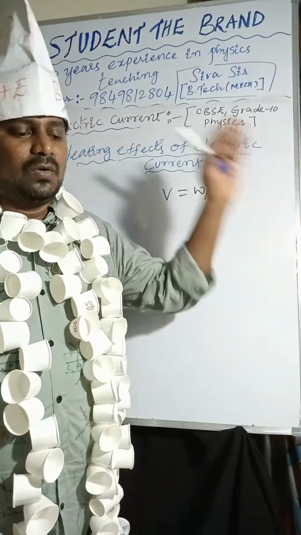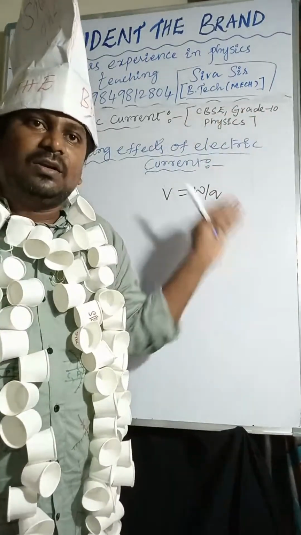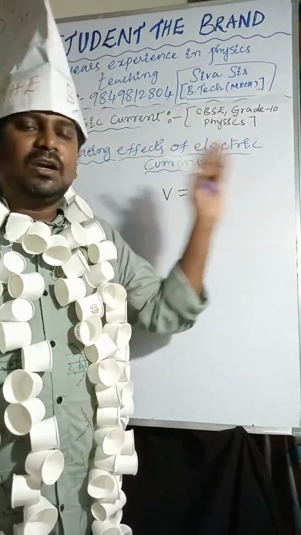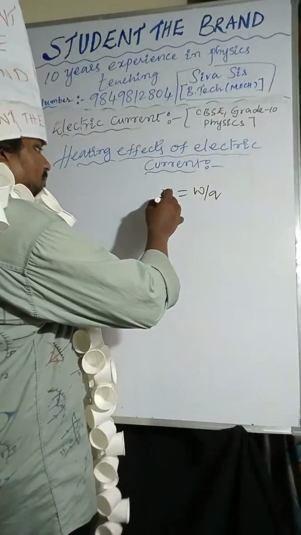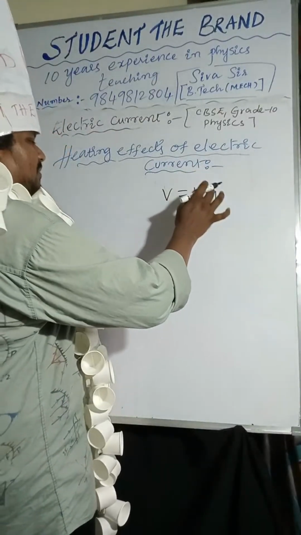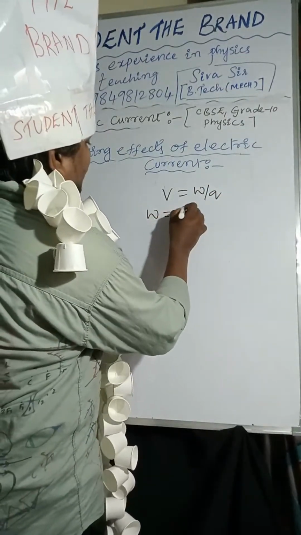V equal to W by Q, where V is the potential difference, W is the work, and Q is the charge. Now W equal to V into Q.